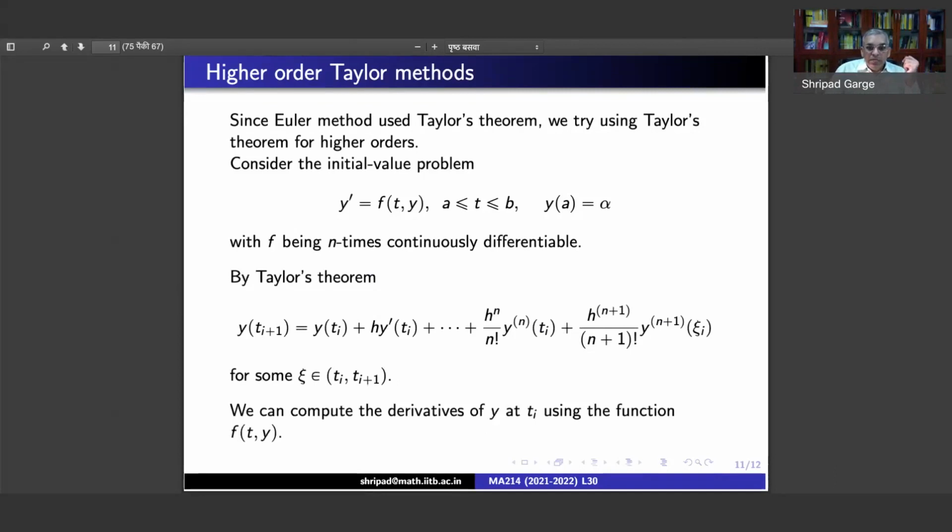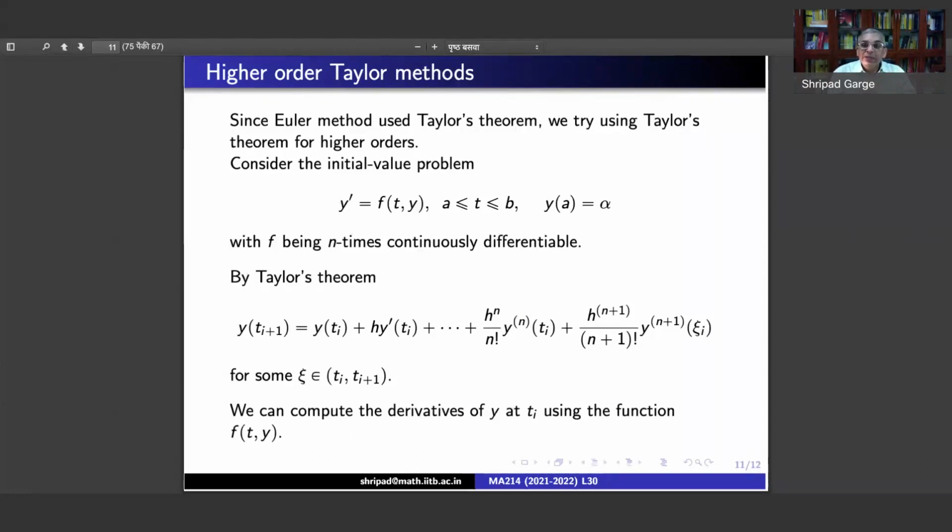But you may wonder what would happen to these various derivatives of y. So these derivatives can be computed by taking various derivatives of the function f, but they will involve the function y also. So that's the only thing. You may remember my saying that computing the bound on y double prime is a difficult thing because you don't know how the solution function y looks like.